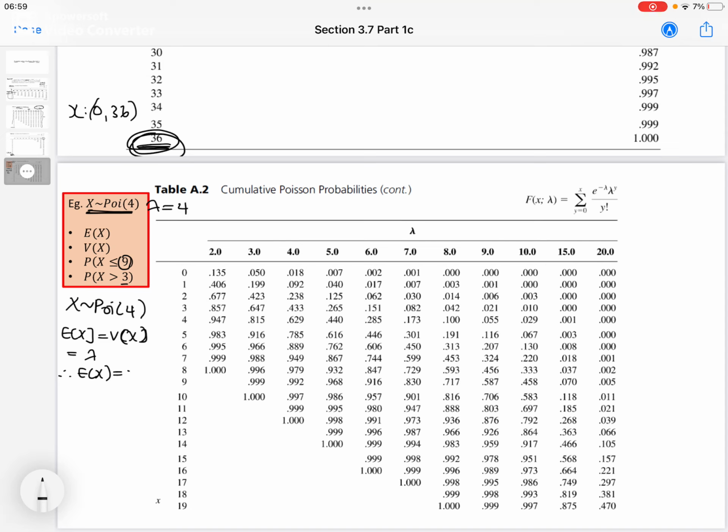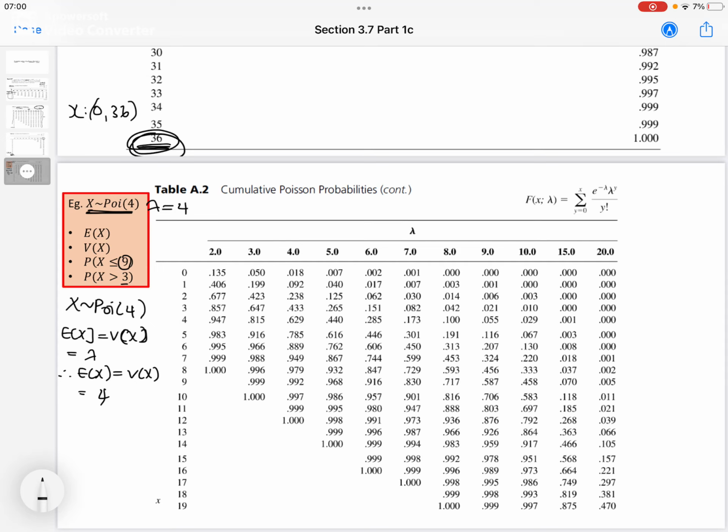So both are equal to 4. We expect 4 successes on average per period of time, and that period or space could be per page, per month, per minute, per second, per year, per hectare, or per some specific period of time or space.